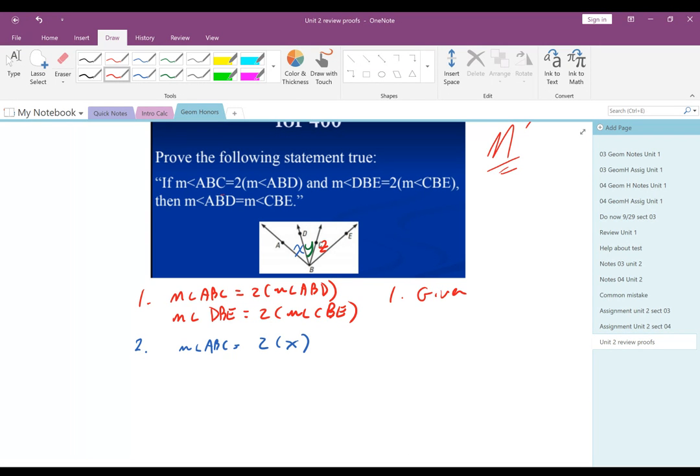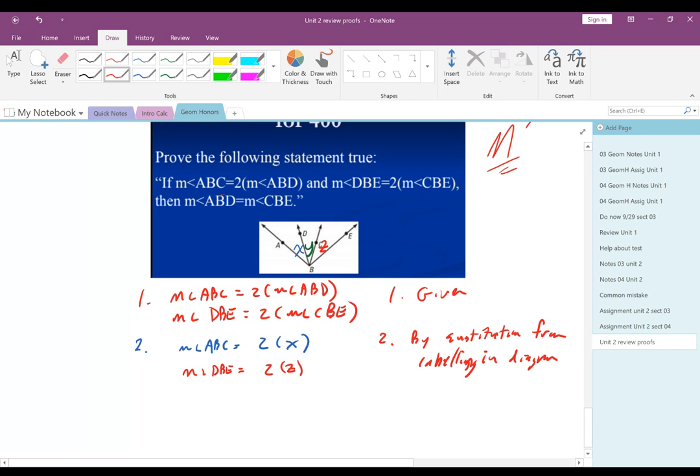And the measure of angle DBE is 2 times the measure of angle CBE, which is labeled Z in my diagram. So I'll just say by substitution from labeling in diagram. Okay.